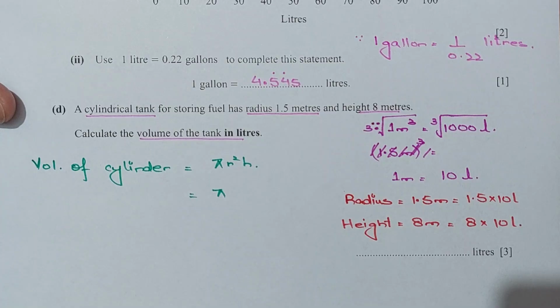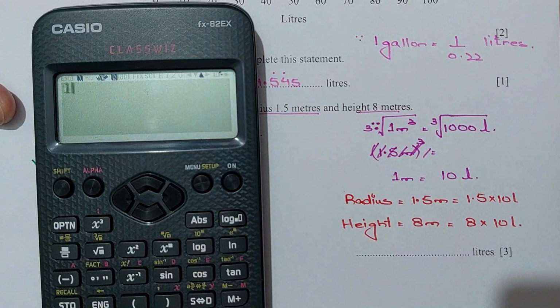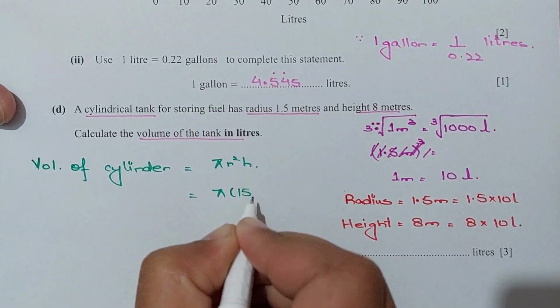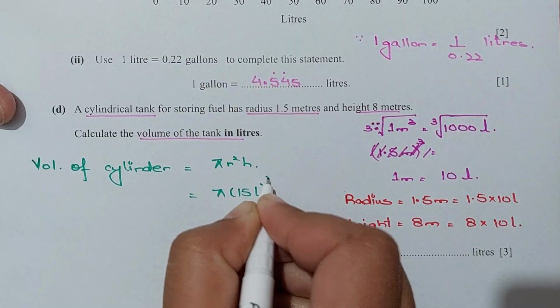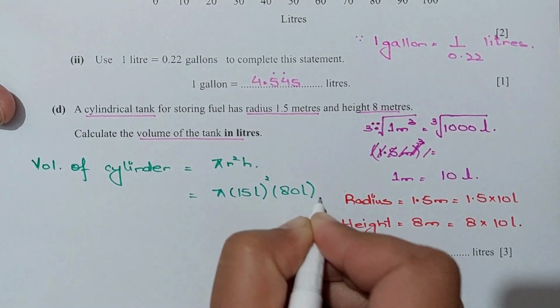So substitute everything into the formula. The radius is 1.5 times 10, 15. So the radius is 15 liters squared and the height is 80 liters.